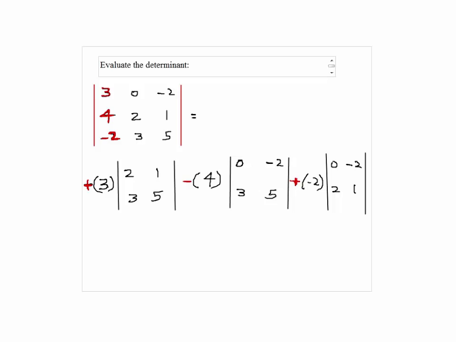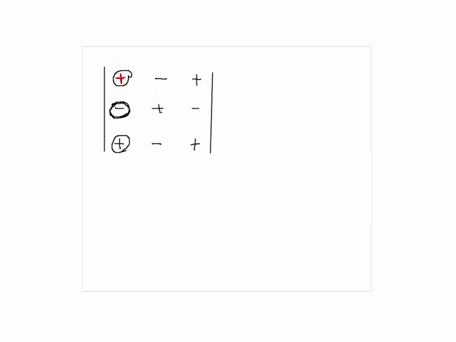Now, everybody should know how to find the determinant of 2 by 2. So let me write it down here. For the 2 by 2 matrix, if I have A, B, C, D, can somebody tell me what would be the formula here to find the determinant 2 by 2?